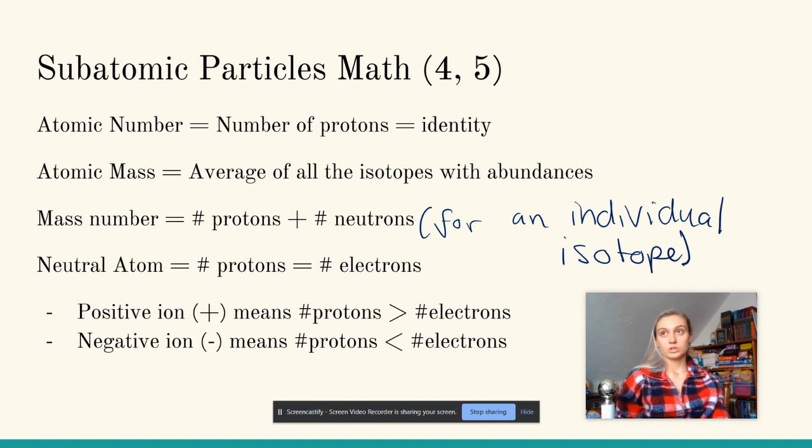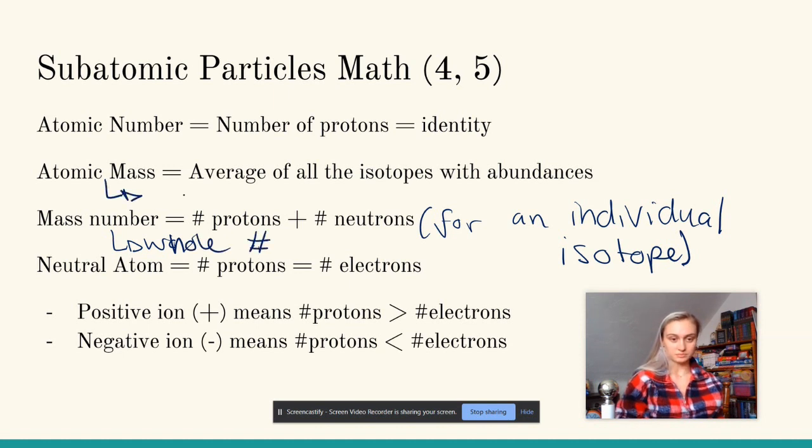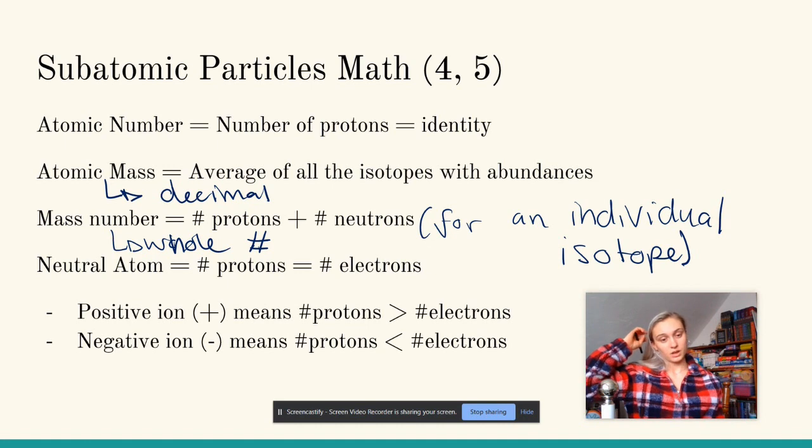It's a whole number because it's just for that one isotope. The atomic mass is a mixture of all those isotopes averaged out. So that's why the atomic mass is a decimal. I'm actually going to write this. Whole number. And this is decimal. So you know the difference.